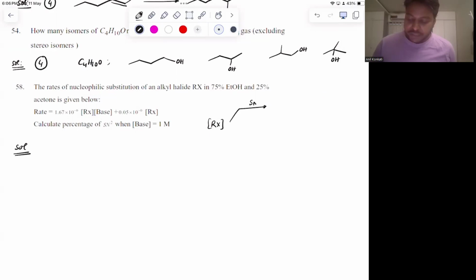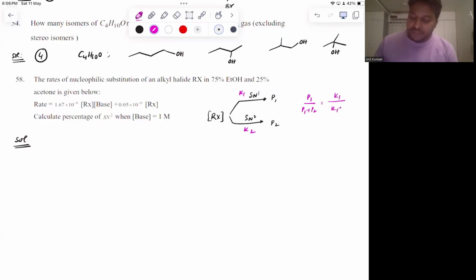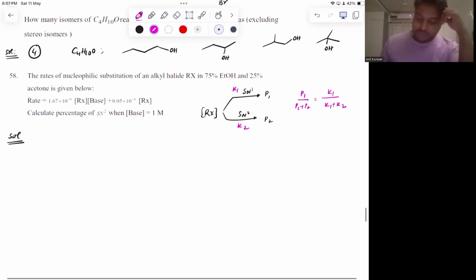It is going SN1 way and it is going SN2 way to give this as product 1 and product 2. In that case, if you recall, if the rate constant here is K1 and here it is K2, the percentage that is P1 by P1 plus P2 will be always dependent on K1 by K1 plus K2. We learned this in kinetics. So that is the same thing we need to do here.